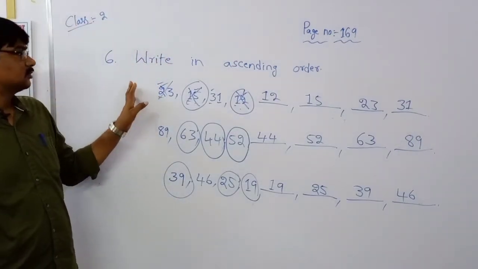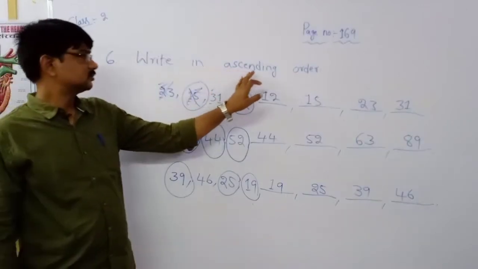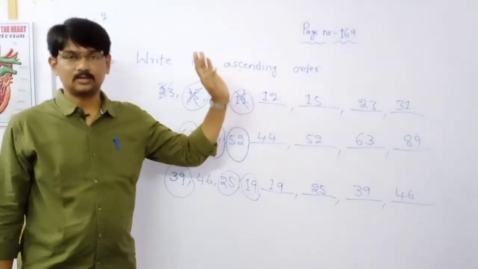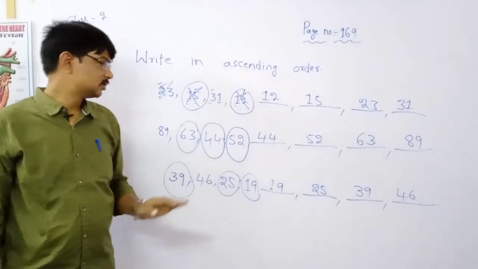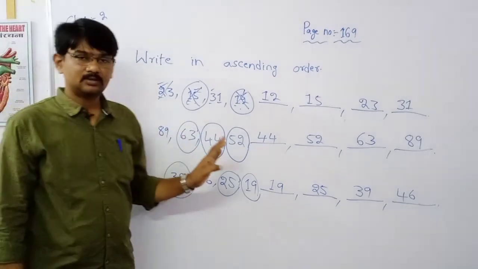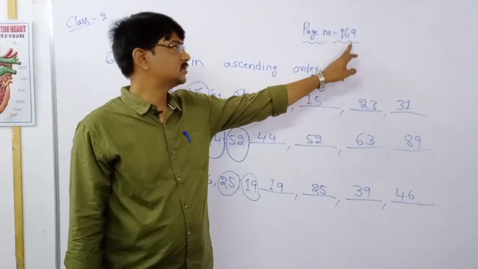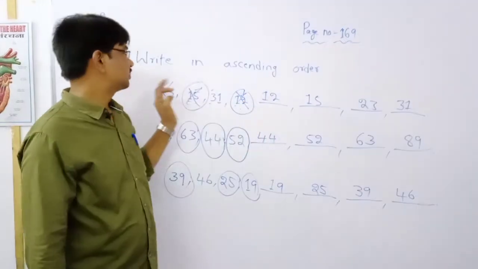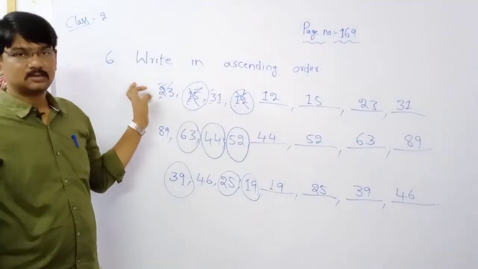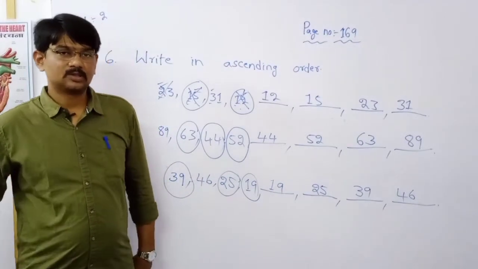Okay children. Question number 6. Write in ascending order. Already we solved 3 problems here. In your textbook, page number 169, question number 6 is there. In that question, 2 problems are given.